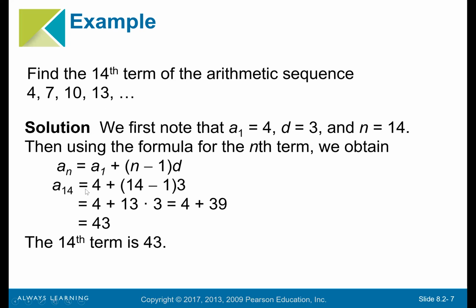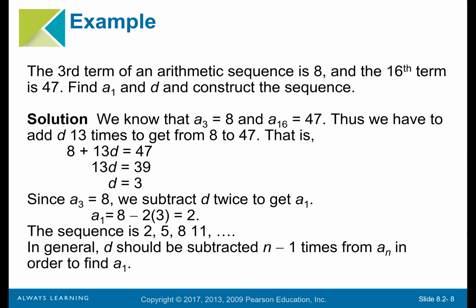So just plugging those numbers in, we put in 4 for the first term, 14 for n, and 3 for d. Just be careful of the order of operations. These parentheses are required. So 14 minus 1 is 13, times 3 is 39, plus 4 is 43. Okay on that? Yep. All right.